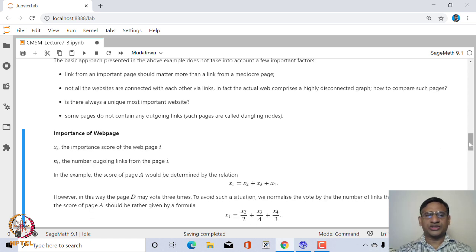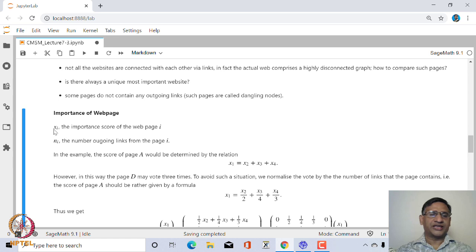Suppose xi denotes the importance score of the web page i. When I say score, it means how many incoming links you have, and Ni is the number of outgoing links from the web page i.